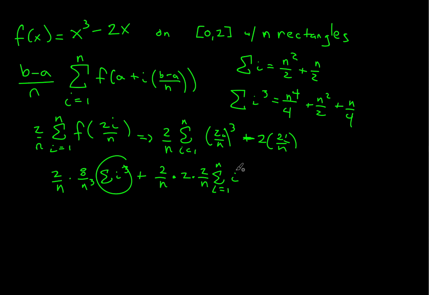Finally, we're going to go ahead and use our formulas here to substitute for these summations that we know. So if we rewrite this now, I'll clean this up. So 2 times 8 is 16, and n times n to the third is n to the fourth. So we have 16 over n to the fourth times the sum of i cubed, which is the same as n to the fourth over 4 plus n squared over 2 plus n over 4.